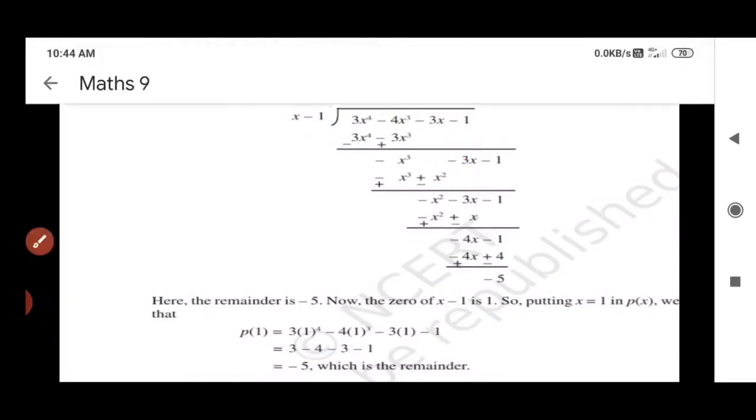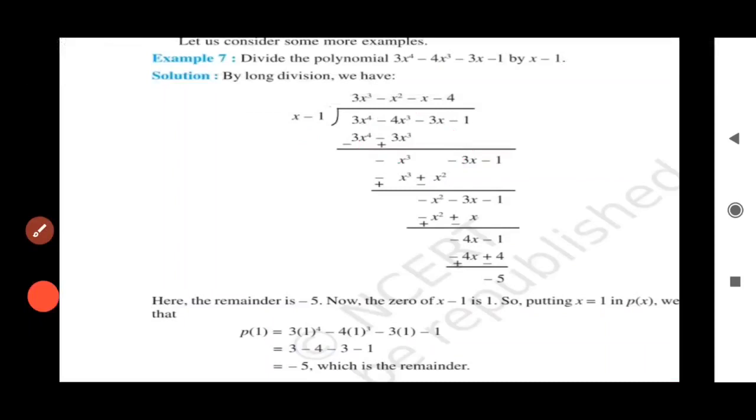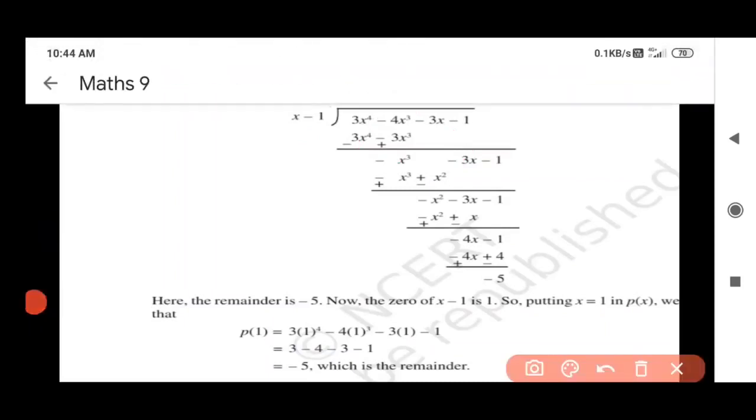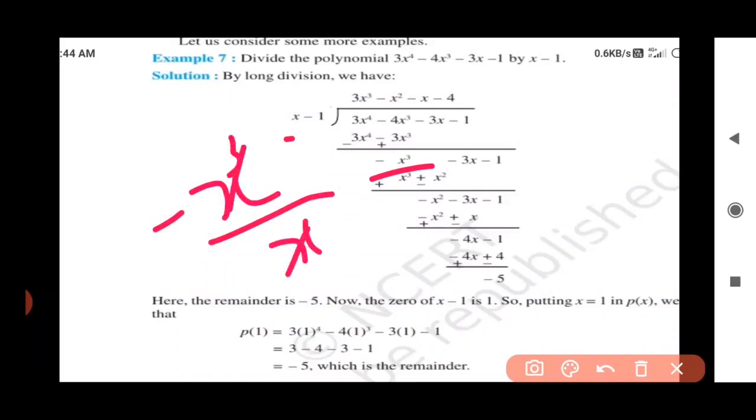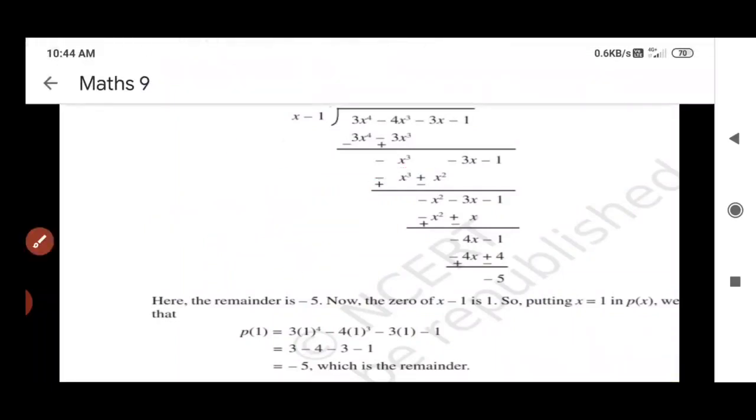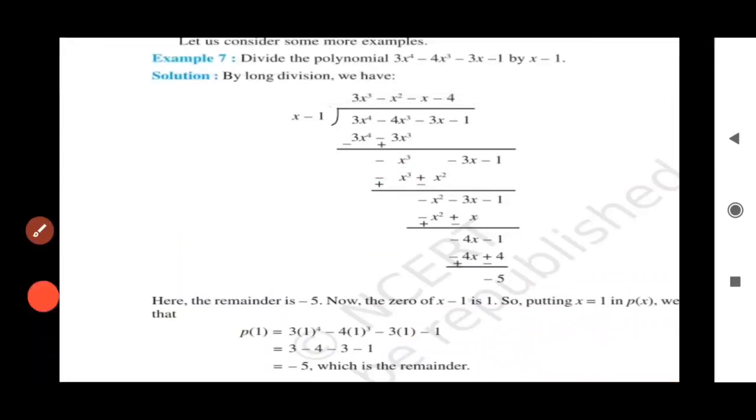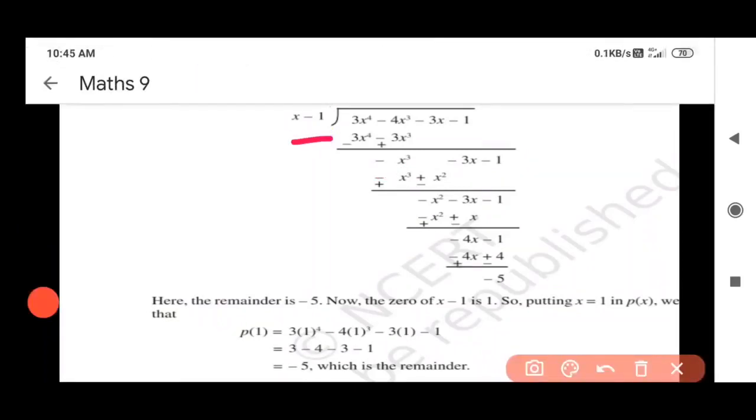Now going to the next process. The first dividend term is minus x cube. Minus x cube divided by the divisor's first term x, cancel the term, you get minus x squared. Now write the second quotient term, minus x squared. Now we want to multiply it with the divisor. The divisor is x minus 1.